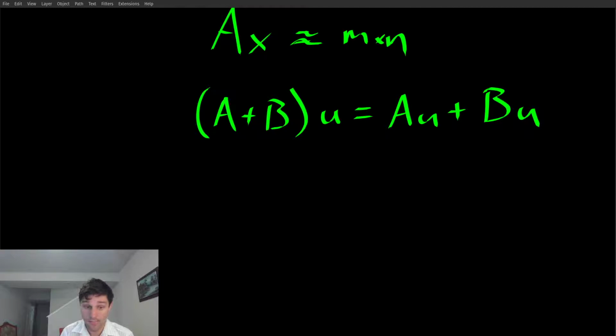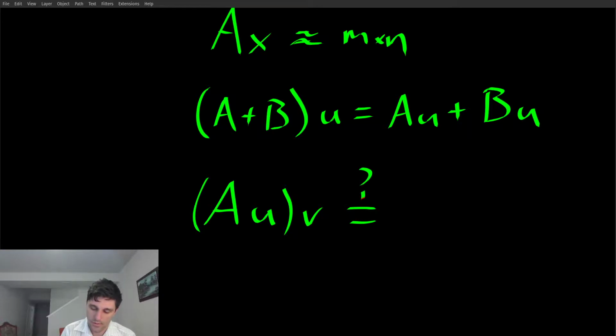But commutativity and associativity do not work the way we might expect. In fact, they don't work at all. So, for example, let's start with associativity. If I try to do something like a times the vector u, and then multiply it times the vector v, is that going to be equal to a u v?